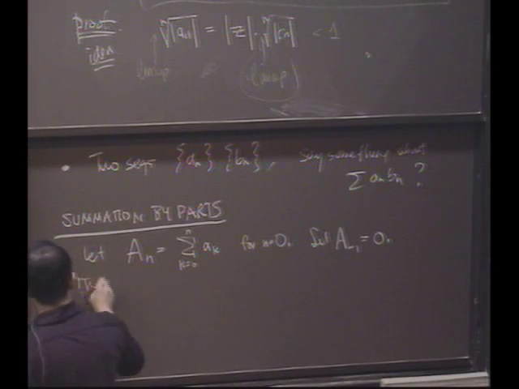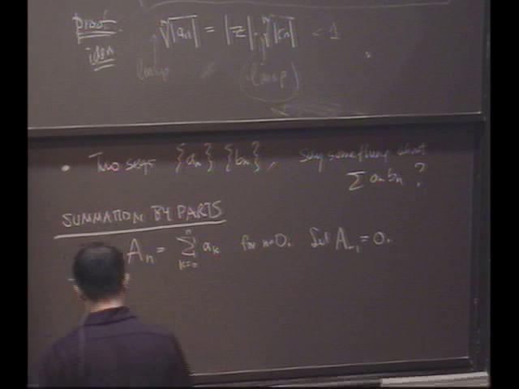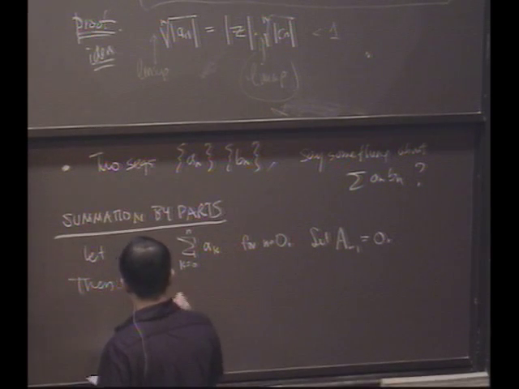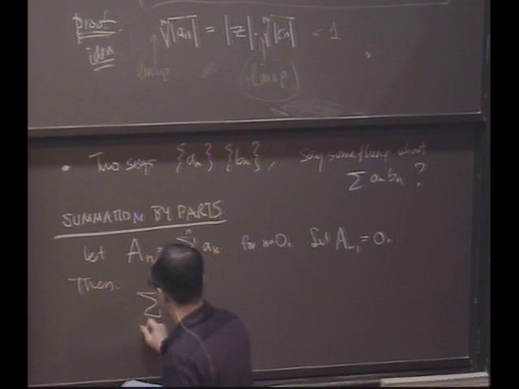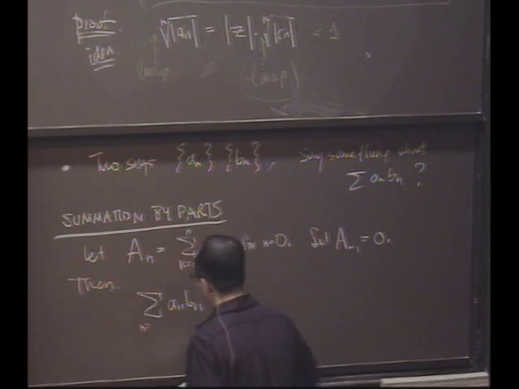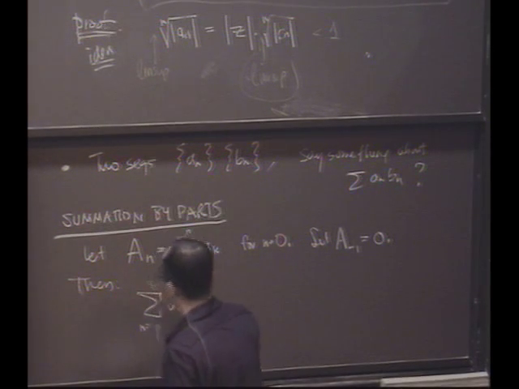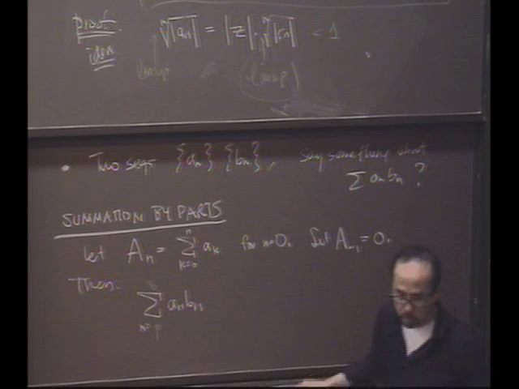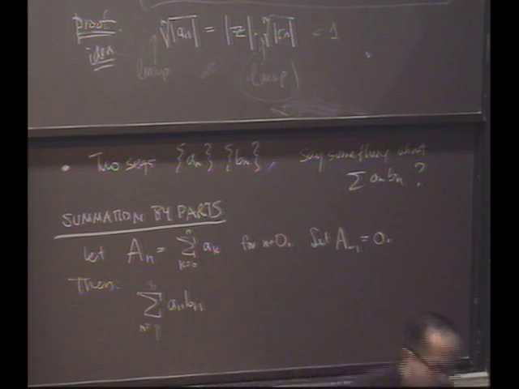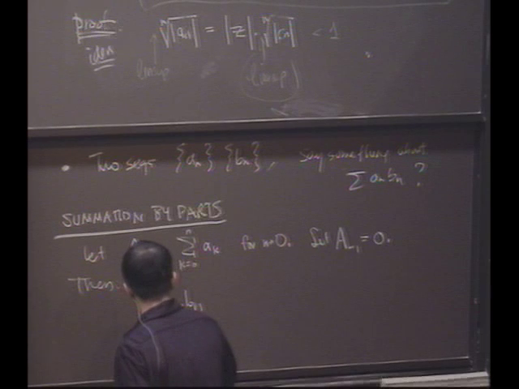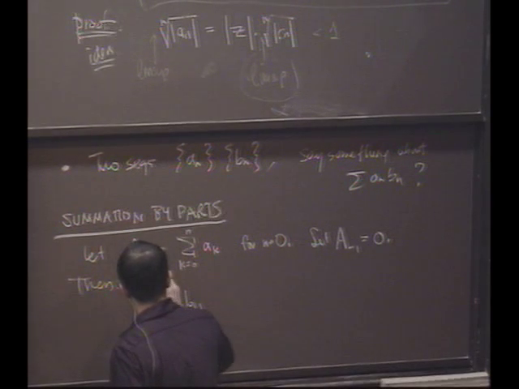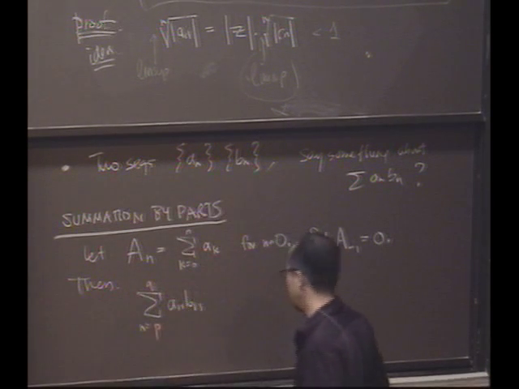Then something very amazing is true. If I want to sum a_n b_n, let's say going from P to Q, and if you don't mind, I'm going to not write the index here. I'll just write the P and Q, because it's clear what the index is.